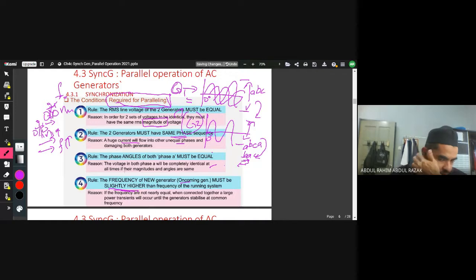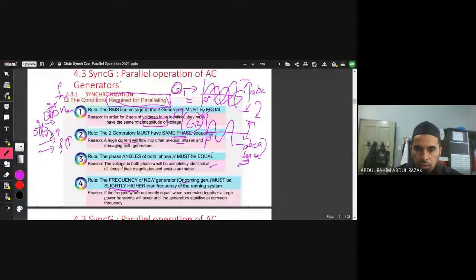Get me or not? So here it's stated over here, if the frequencies are not equal, when they are connected together, a large power transient will occur until the generators stabilize at a common frequency. So this will happen in the electrical circuit. If let's say your frequency here is not equal, so instead of it helping the G1, it draws more current towards G2 itself.